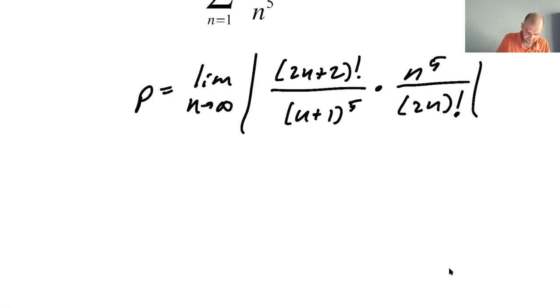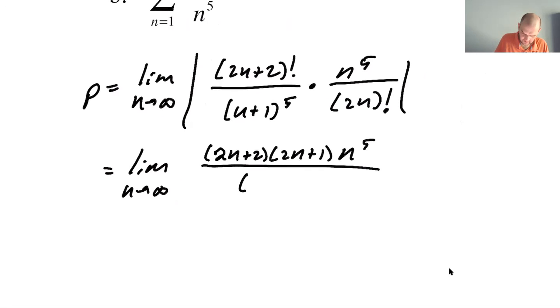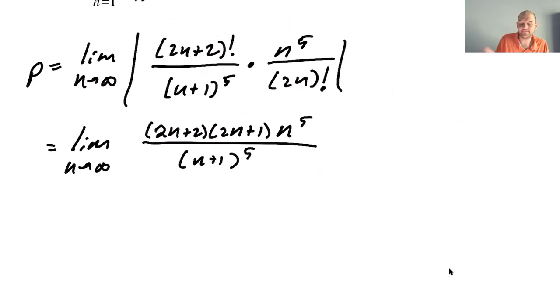Okay, so what does this give us? The limit as n approaches infinity. Again, I can drop the absolute value because everything is positive. I'm going to have 2n plus 2, 2n plus 1, and then there's still an n to the 5th over the quantity n plus 1 to the 5th.